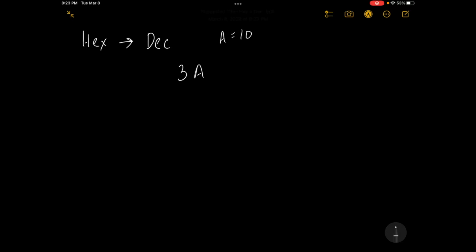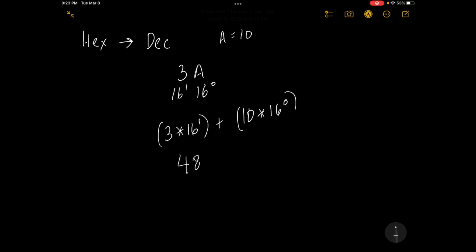This is 16 to the power of 0 and this is 16 to the power of 1. So we do 3 times 16 to the power of 1, which is 16, plus 10 times 16 to the power of 0. Effectively 48 plus 10, because 16 to the power of 0 equals 1. That gives us 58.